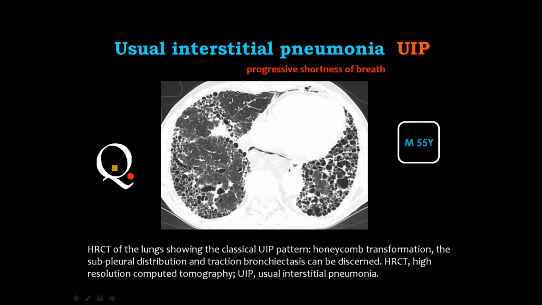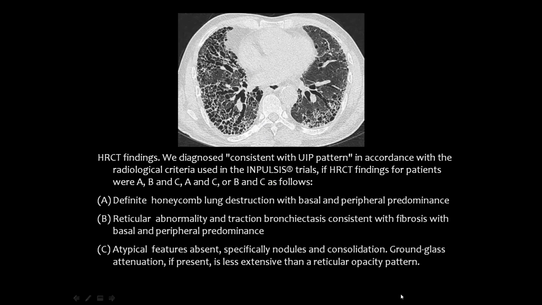You should not diagnose usual interstitial pneumonia or idiopathic pulmonary fibrosis unless you see this pattern, which is the honeycombing. According to the recent classification of usual interstitial pneumonia, you have definite diagnosis and possible diagnosis. A definite diagnosis is established whenever you see honeycombing, traction bronchiectasis, and interstitial opacities, as well as ground glass lesions.